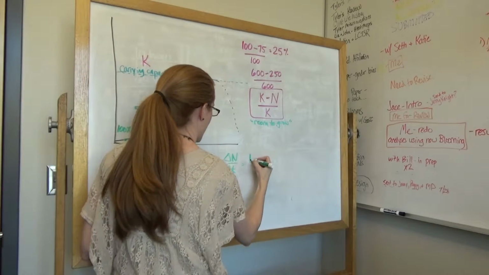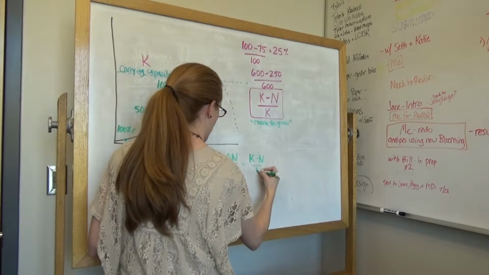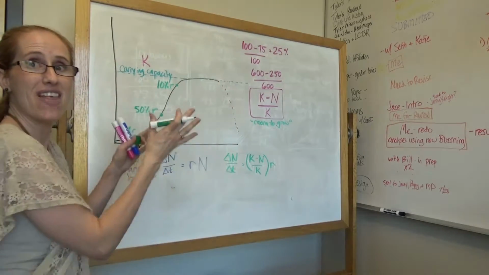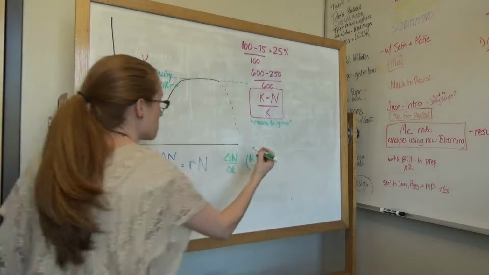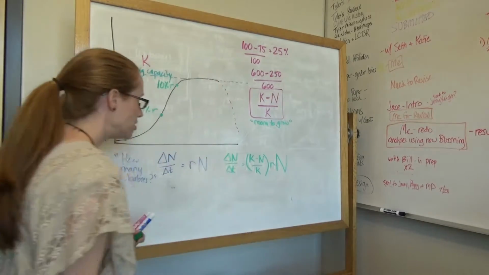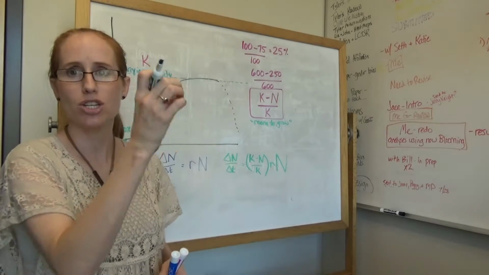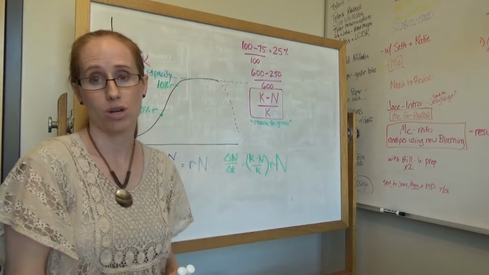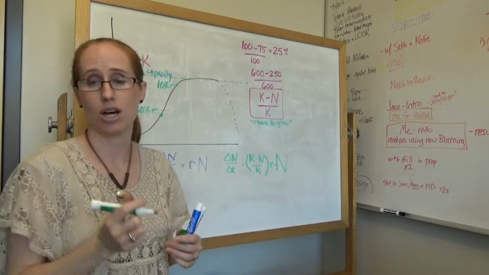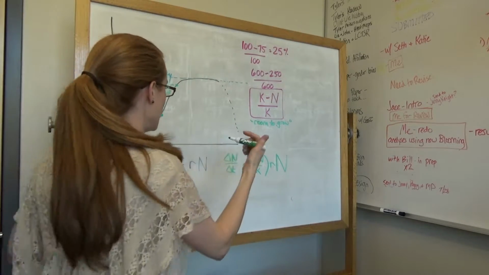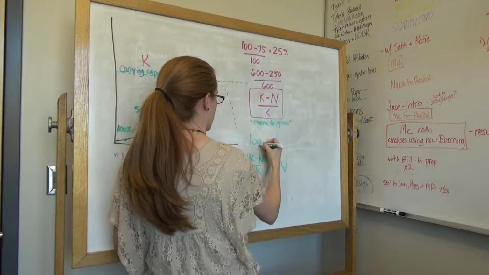We take K minus N over K, and we multiply that by the R first, and then whatever that new R is, we multiply that by N, right? Then, as our population gets larger, our R gets smaller, and we grow at a slower rate. So eventually, we totally slow down and we stop at the carrying capacity, okay? So this is called logistic growth.